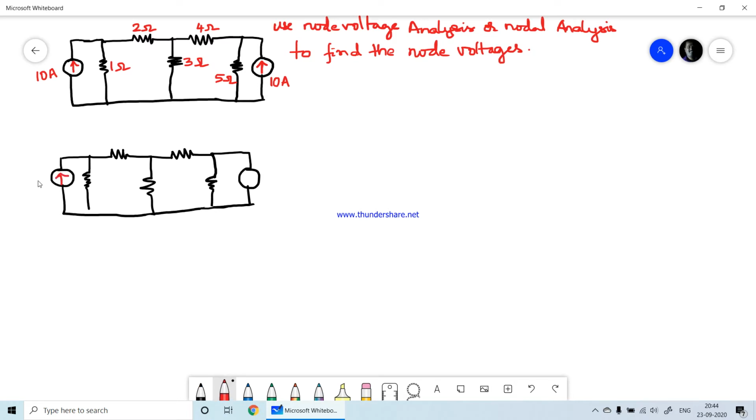This is 10 amps and this is 10 amps. We have 1 ohm here, 2 ohm here, 3 ohm, then we have 4 ohm, then we have 5 ohm.